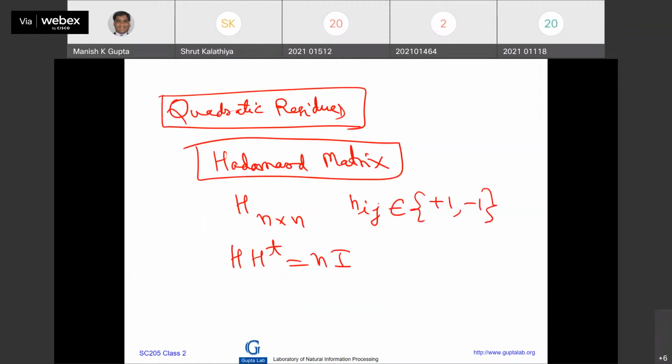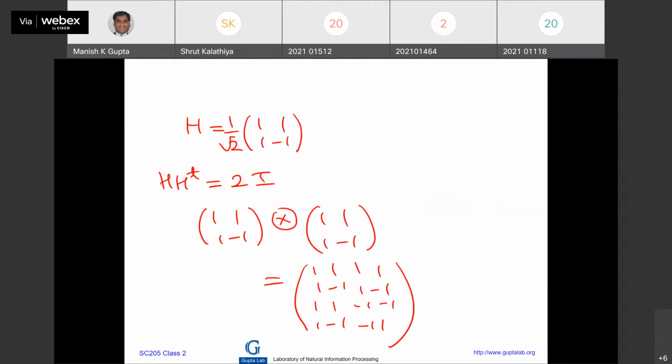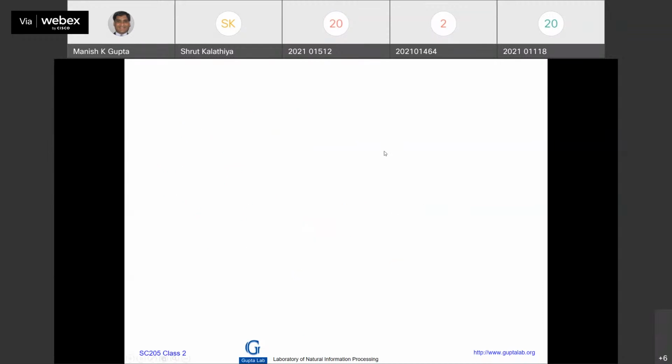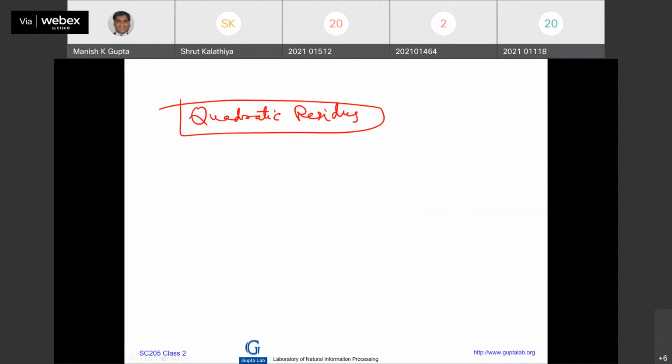Okay, so I think now I can talk about quadratic residues. Quadratic residues. Let us take p to be a prime, odd prime number.